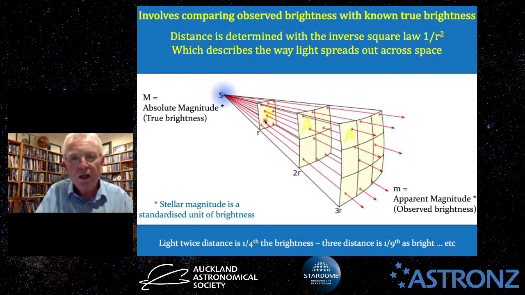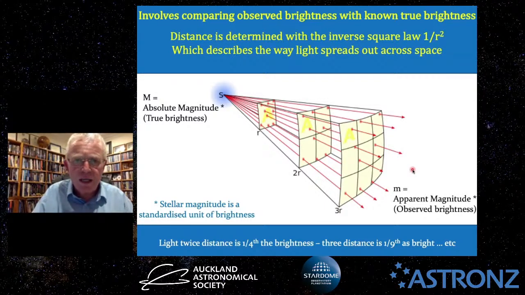You can see here, 1 patch here suddenly has to cover 4 patches here. If you go out to 3 times the distance, the light has to spread out over 9 times the area. So the light is 1/9th as bright, or 9 times dimmer, whichever way you want to look at it. That's why they use the inverse square law. You know how bright an object is, you measure how bright it looks from Earth, and use the inverse square law, and you can easily work out its distance.